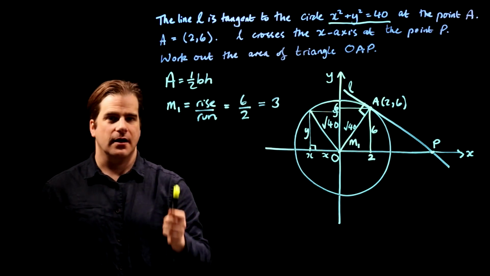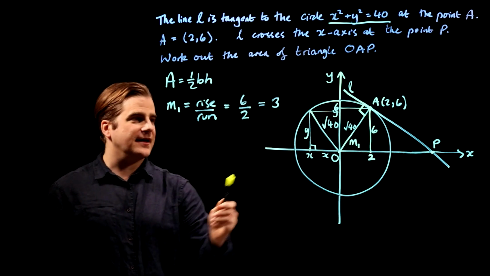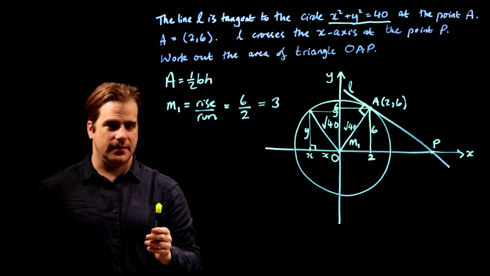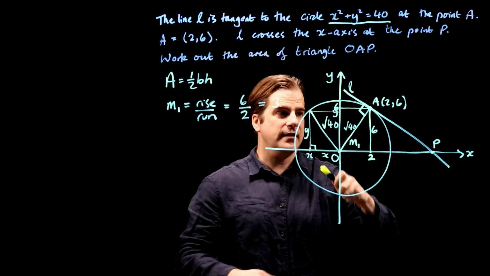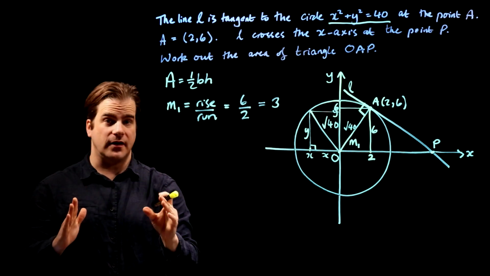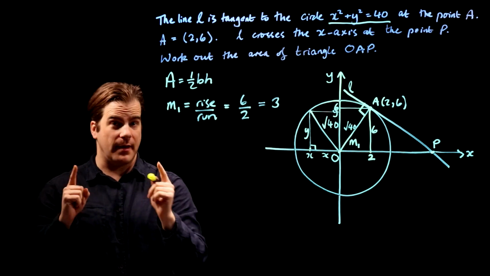Now, I promised you we could immediately work out the gradient of this line if we knew that, because they're at right angles. And we do that by taking the negative inverse of this. If two lines cross each other at right angles, the gradient of one is always the negative inverse of the gradient of the other. Remember that.